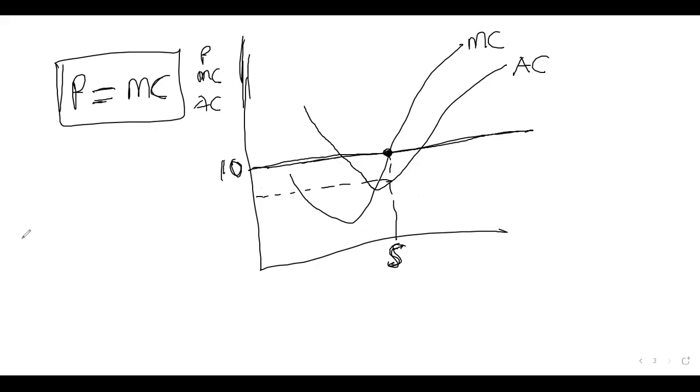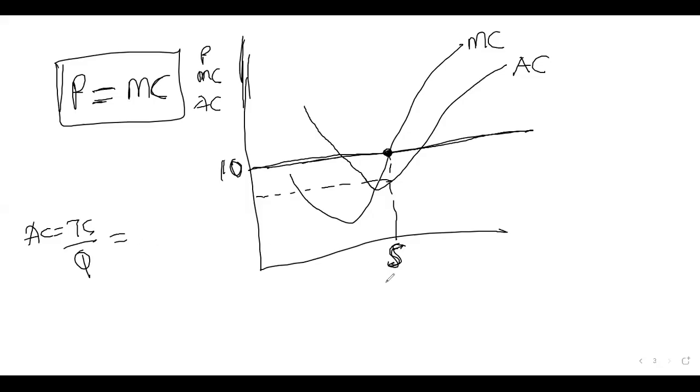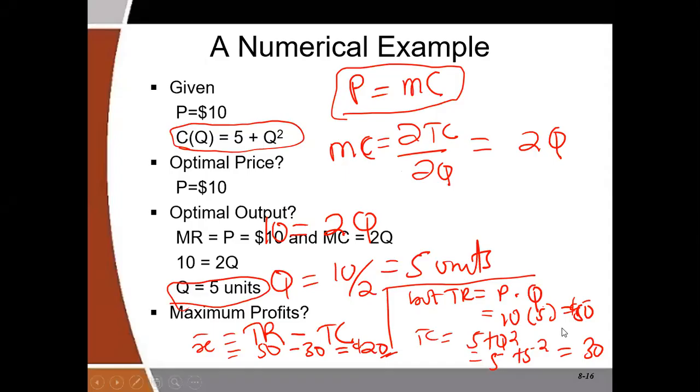Okay. Now, average cost is total cost over quantity. And let's remember that the total cost, if you remember from the slides, was 30 cedis.